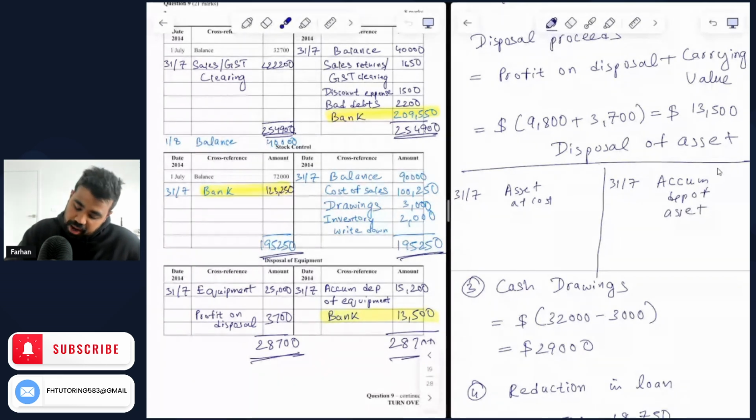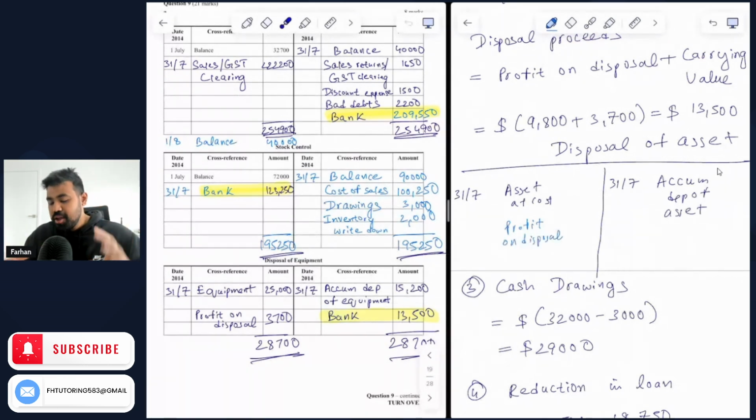If we have made any profits during our disposal, that's shown on the debit side. Again, I really want to explain how this happens based on the fundamental rules of accounting, but I believe that may be too complicated for you, so I'll keep that for a separate video.